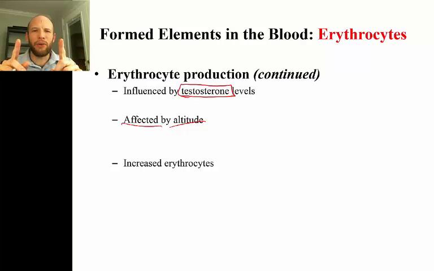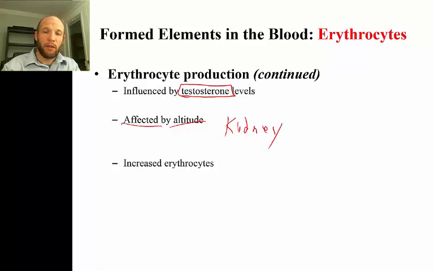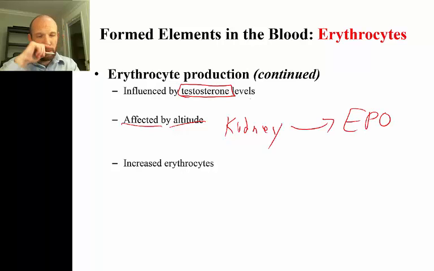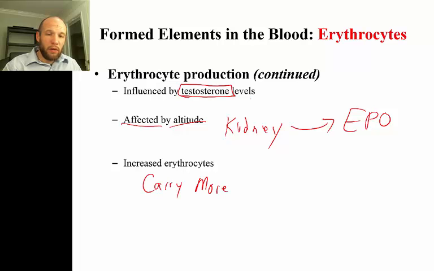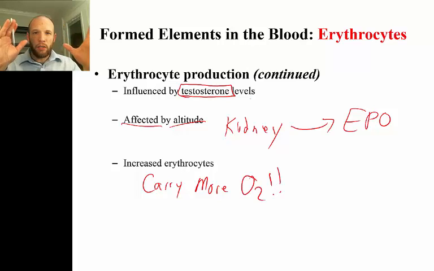The kidney's going to say, hey, hold on, I need to release some EPO. And so the kidney releases EPO. Same thing with the testosterone levels. And so if you have increased erythrocytes, you now have the ability to carry more oxygen.